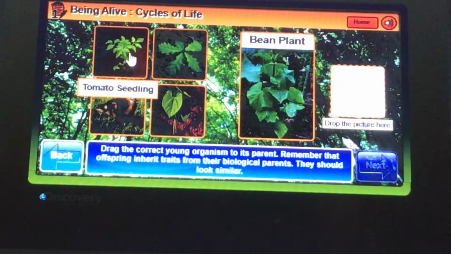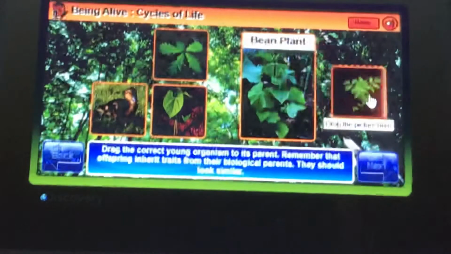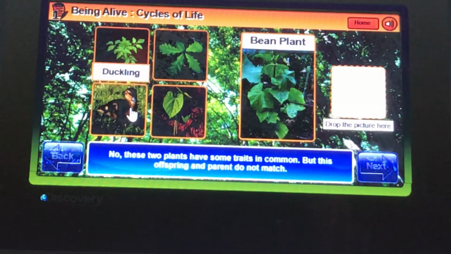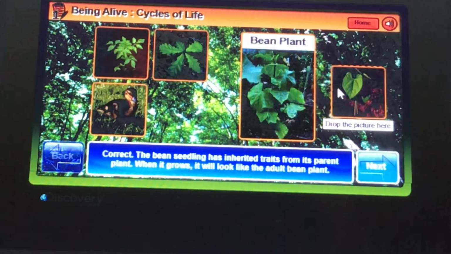So let's see if this is right. Nope. Does this one look like that? Not too much. That definitely is not right, the duckling. Let's try this one. It says bean seedling has inherited traits from its parent's plant. When it grows, it will look like the adult bean plant.